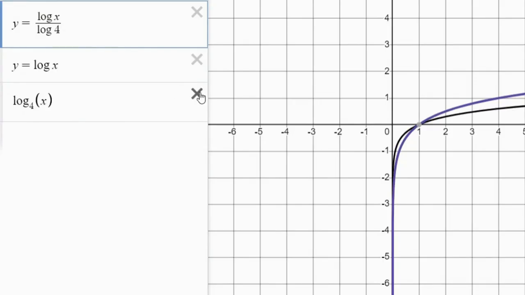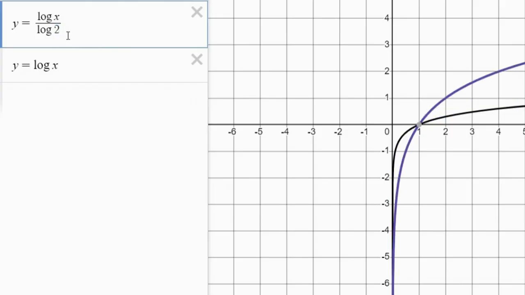So let's change the base, and we'll take off the red one there. Let's do log base 2. See how it gets even wider, farther away from the x-axis. The curve really changes the smaller base we get. Let's do a larger base. Let's do base 25.